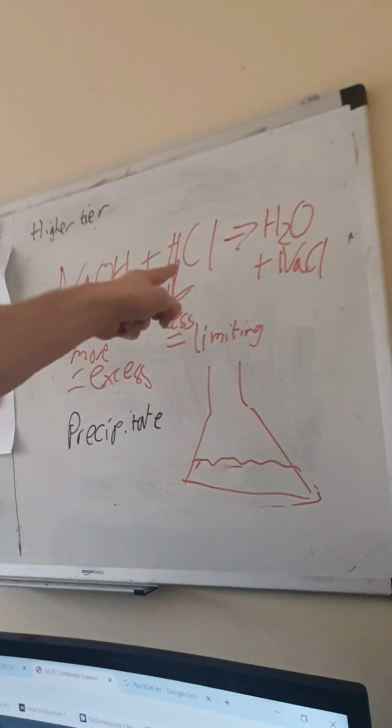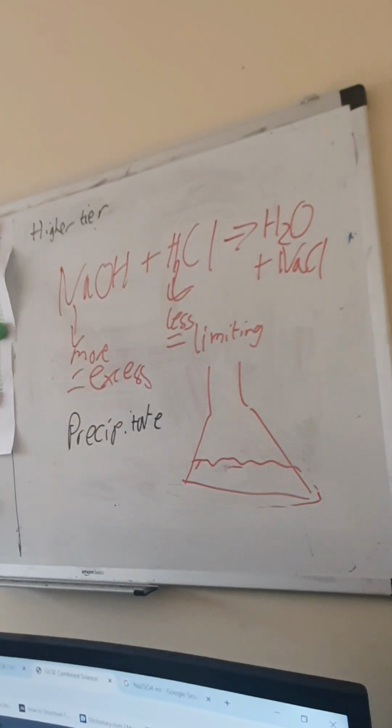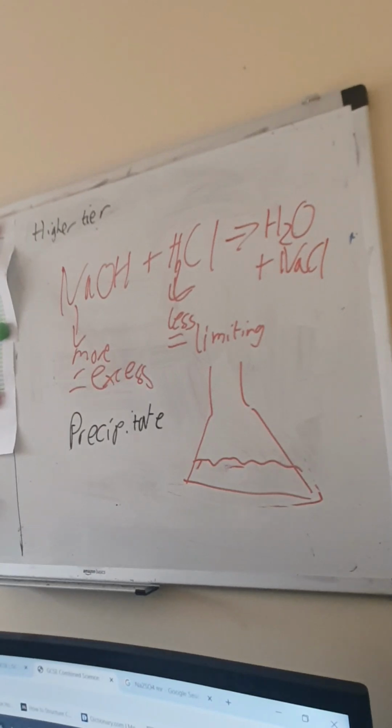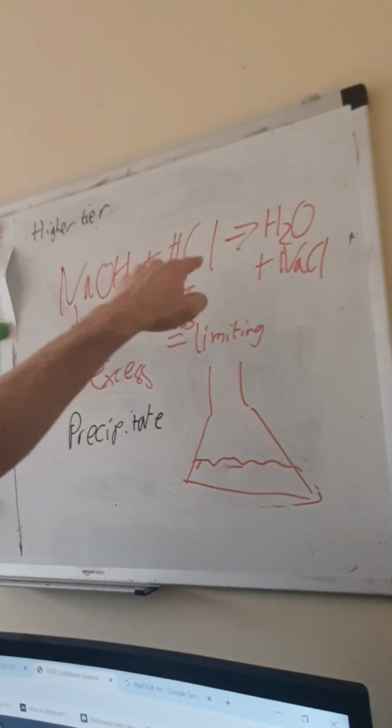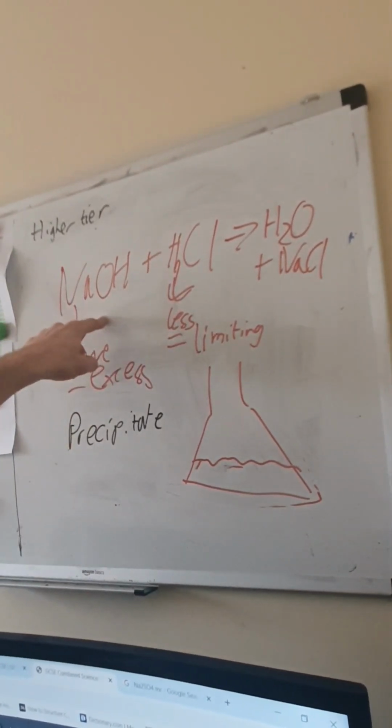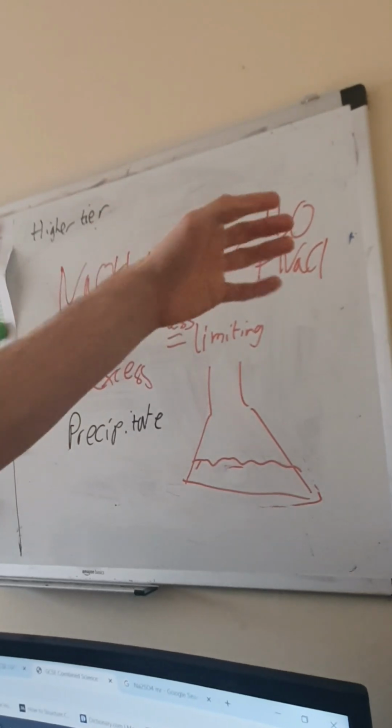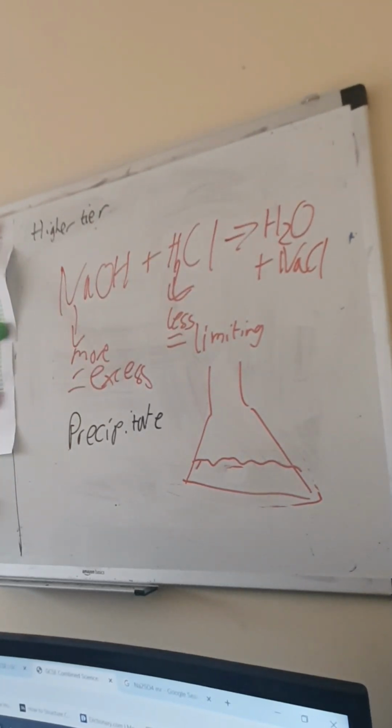So you buy lots of this, but not so much of this. And that means that you can't create enough product because it's in a 1-to-1 ratio. However much of this, you need however much of this. If I have 8 grams of this, I need 8 grams of this to create the products. Otherwise, you're never going to create any products.